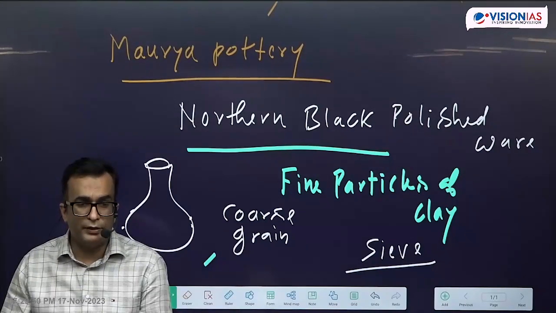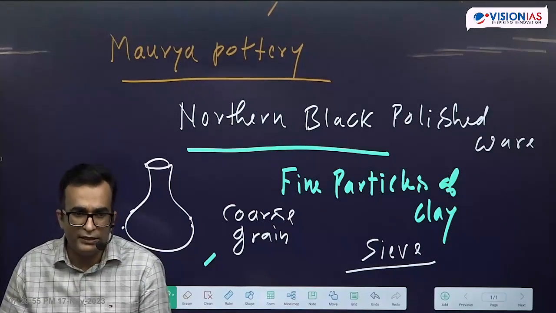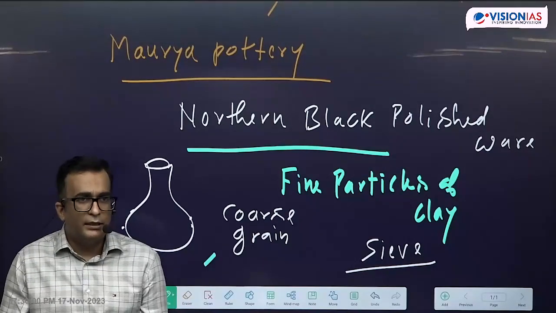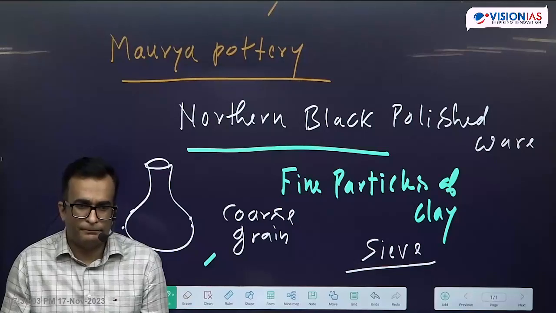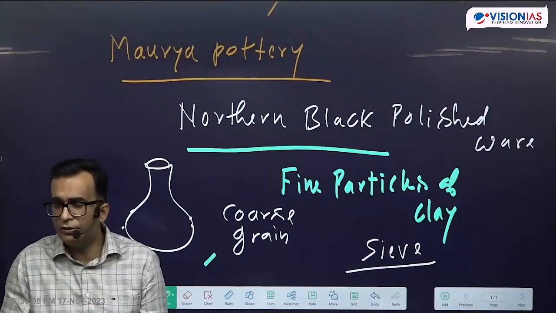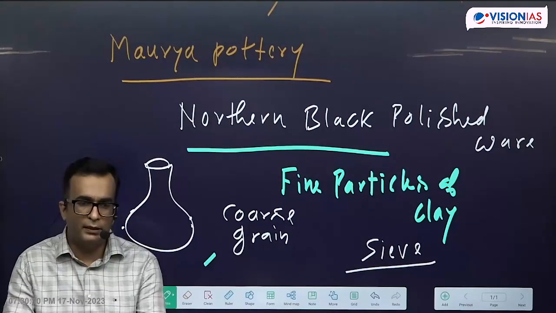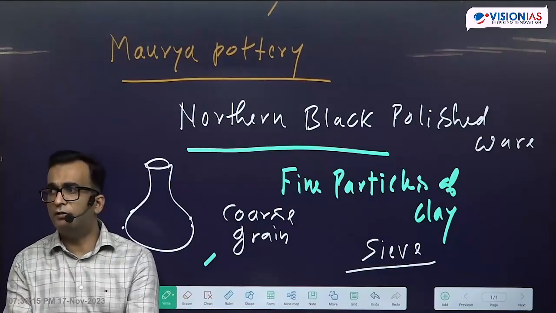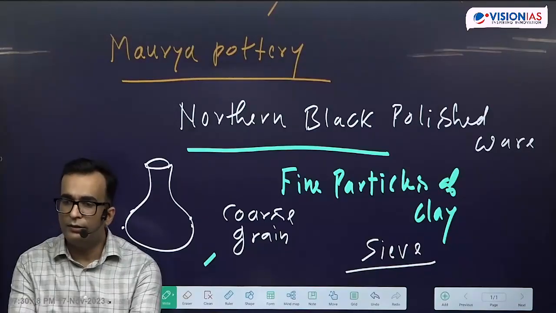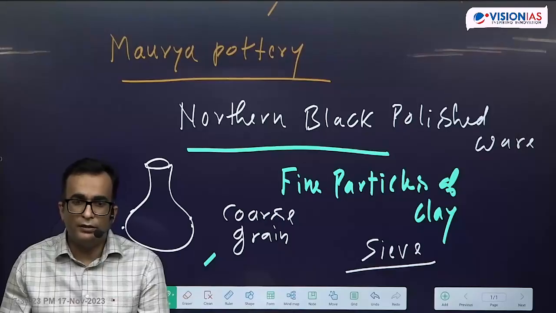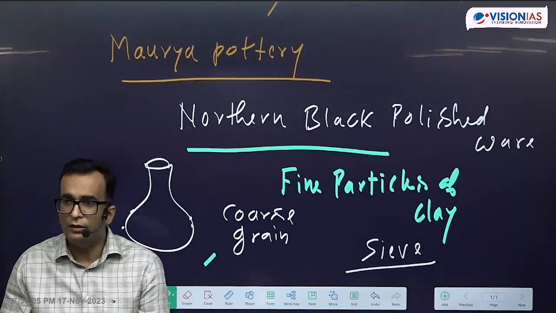Mauryan potteries were highly polished and very even in nature. Full stop. They used very fine particles of clay after removing the coarse grains.